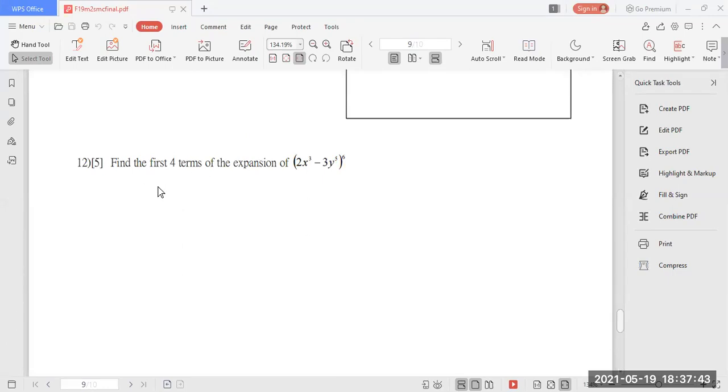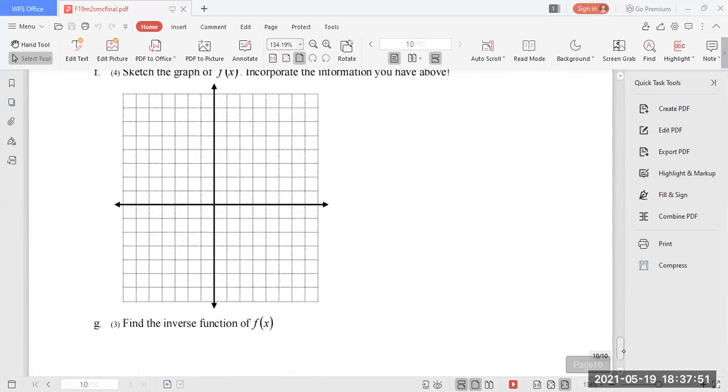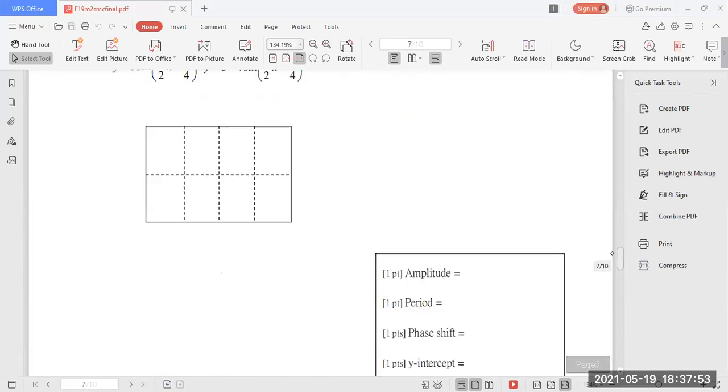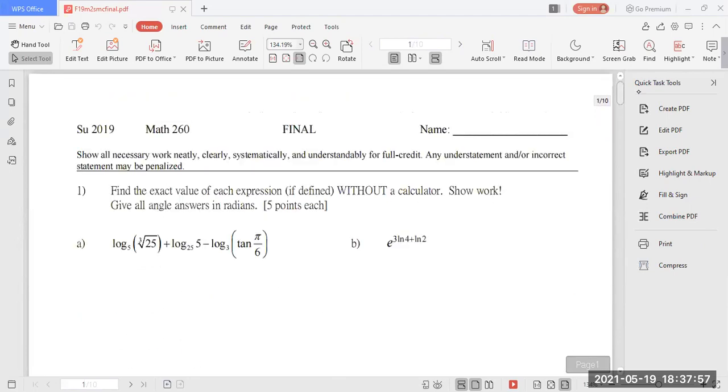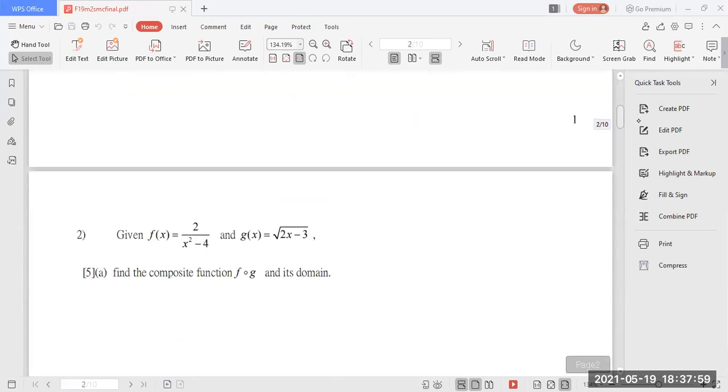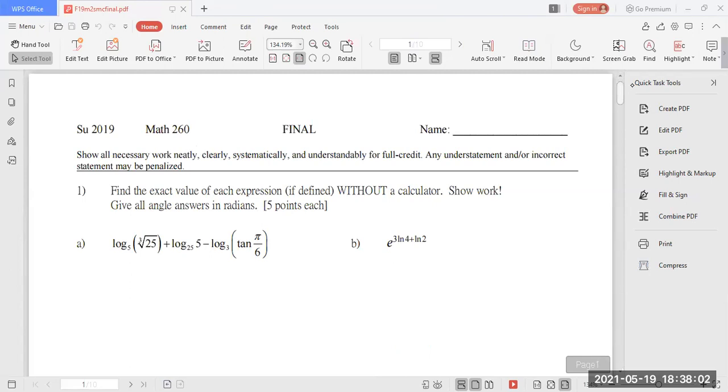But I have binomial expansion. This was the final. So I cut some questions out because those were not the ones I taught in class.